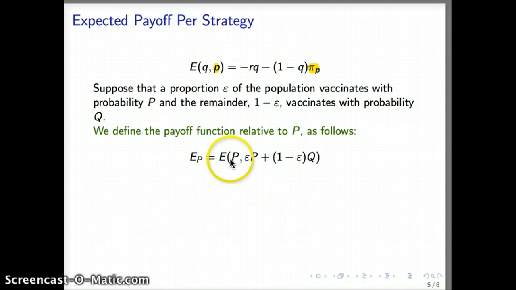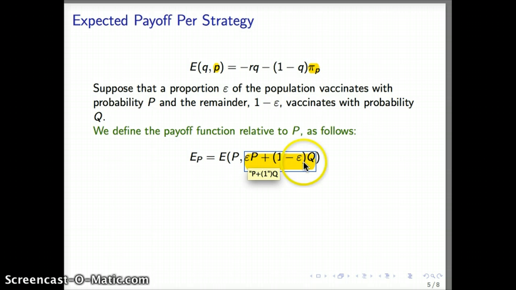In defining this expected payoff relative to P, we observe here that the second argument is given by this sum. This is the sum that incorporates the proportion vaccinating with one probability versus the proportion vaccinating with the other probability, with epsilon and 1 minus epsilon as the weights.